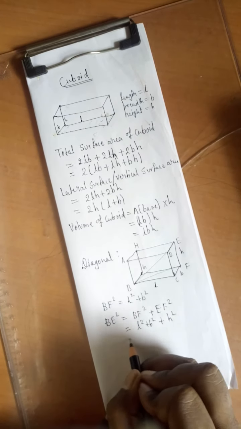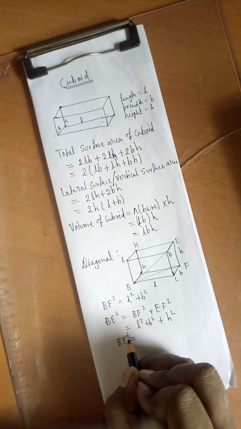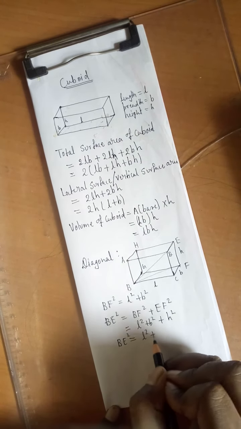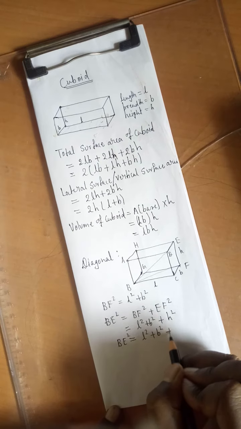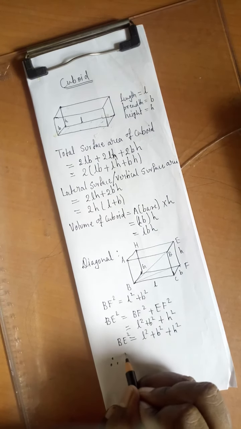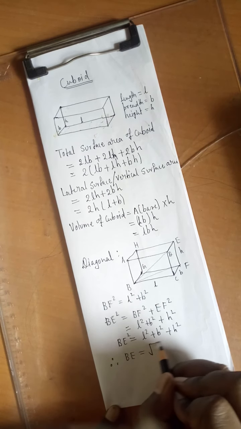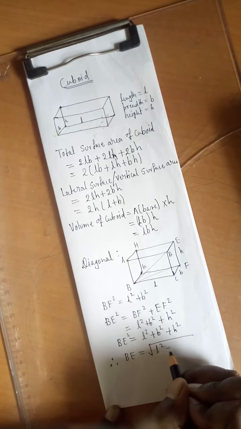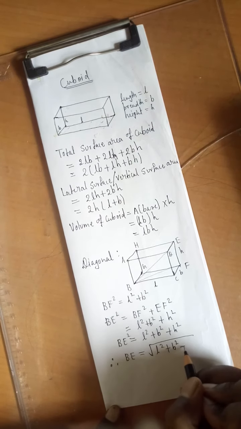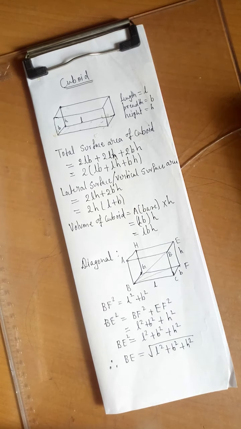So finally the value of BE square is L square plus B square plus H square. Therefore, what is the value of BE, friends? BE is nothing but root of L square plus B square plus H square. So this will give you the diagonal of a cuboid. I hope it is clear.